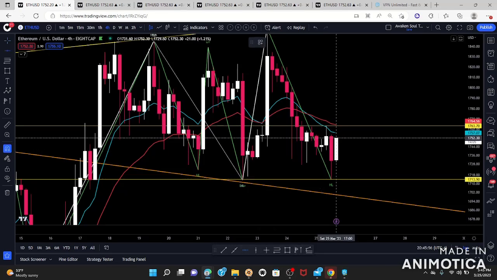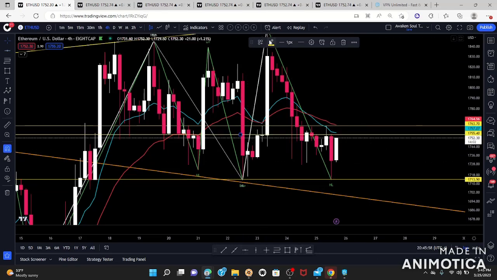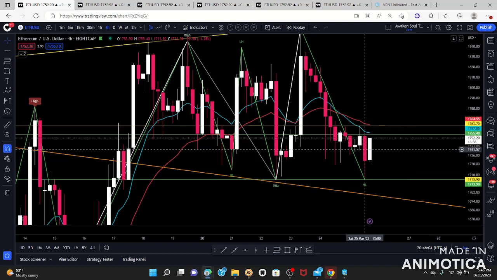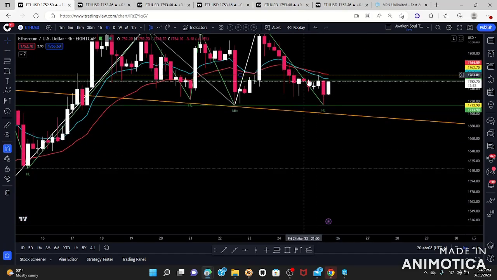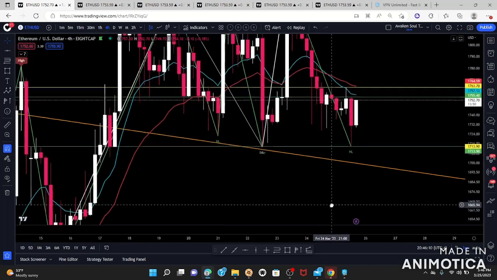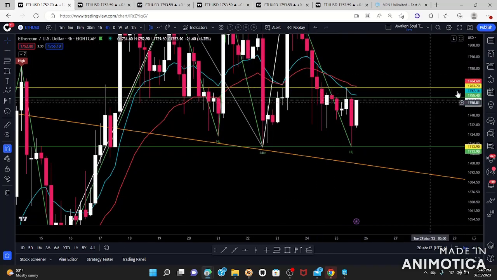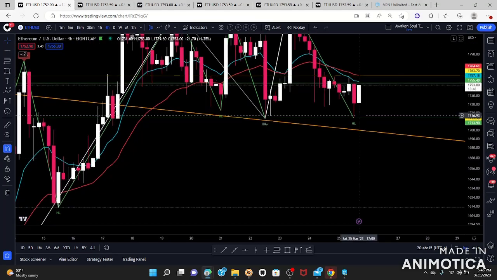Our range for the 4 hour, we're going to base that on the previous candle. So this will be my resistance. This is my support, right? And on the 4 hour though, big observation here that the 12 and 26 EMAs did cross to the downside. So that's really bearish in my eyes.